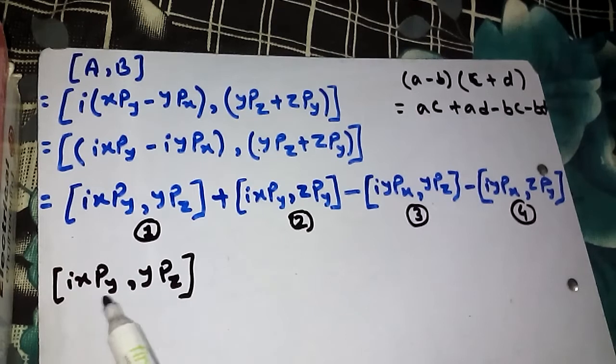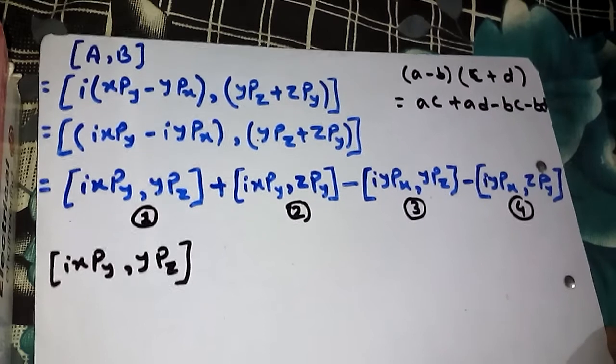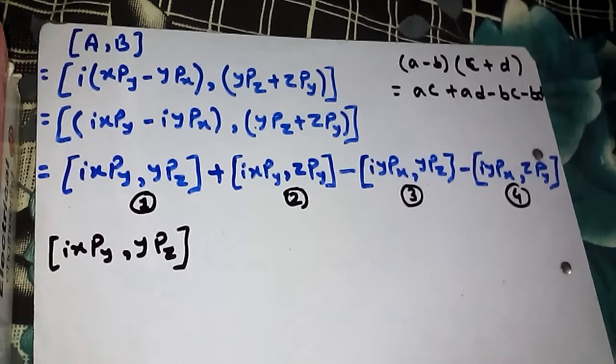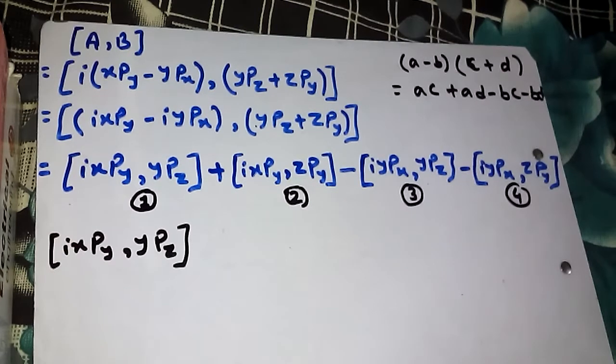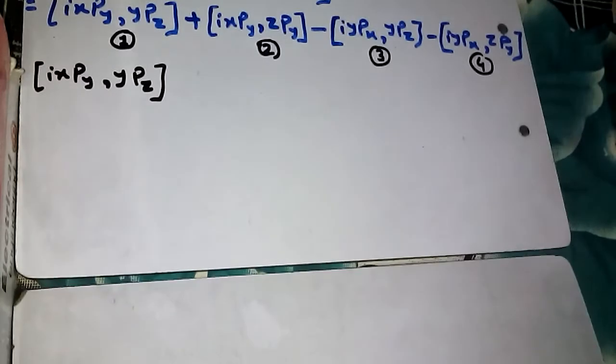Now i is a constant and we have four quantum mechanical operators xpy, ypz, in multiplication, and we know the simplified expression for a commutation relation with four quantum mechanical operators in multiplication.